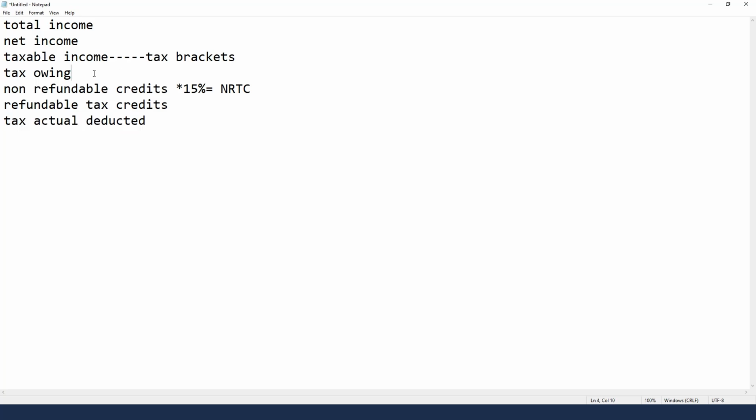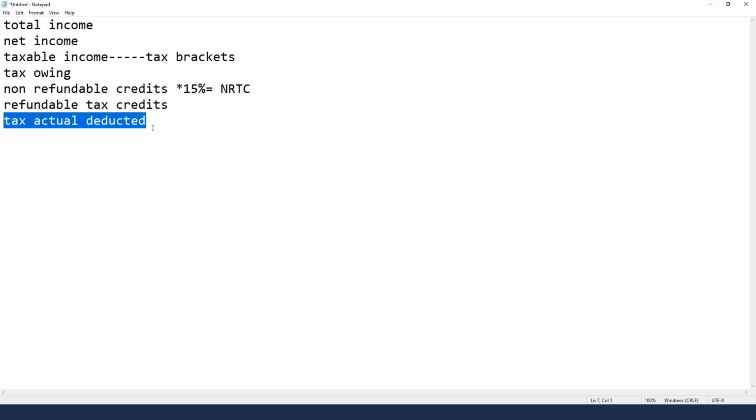That's why I was saying before, if you ended up paying too much throughout the year, more than your actual calculation being your taxes owing minus your non-refundable tax credits and your refundable tax credits, then you're going to get a refund. If not enough was deducted throughout the year, so the calculation of your taxes owing minus your non-refundable tax credits minus your refundable tax credits is more than the tax that was actually deducted throughout the year, then you owe a balance.